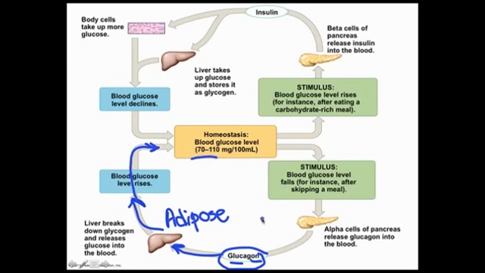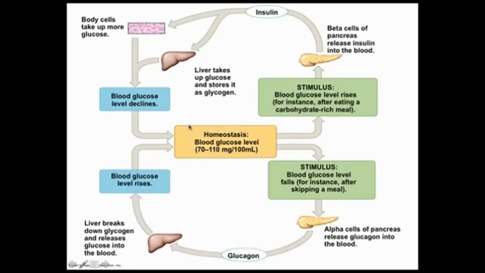So we release glucagon when we are low in blood glucose, and we release insulin when we have high levels of blood glucose. And so together, these two help regulate the drops and the rises of our blood glucose level to keep us at that homeostatic condition.